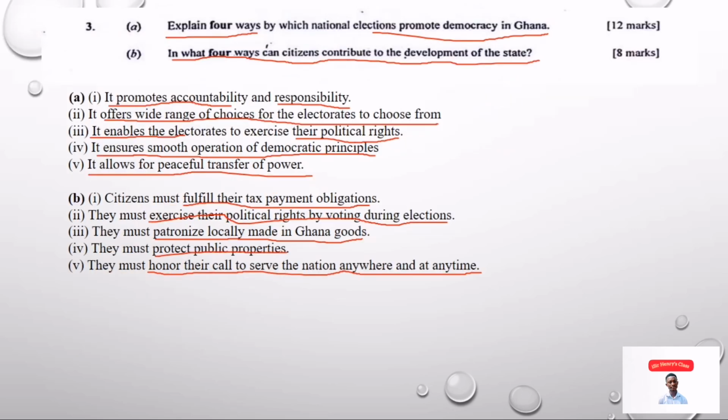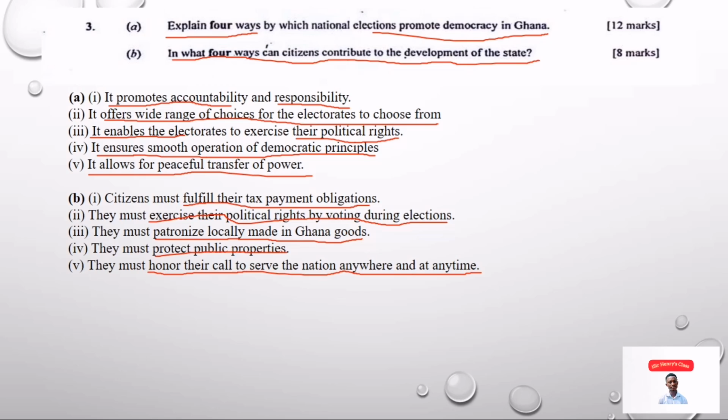So still under the same section, it says explain 3A. Explain 4 ways by which national elections promote democracy in Ghana.